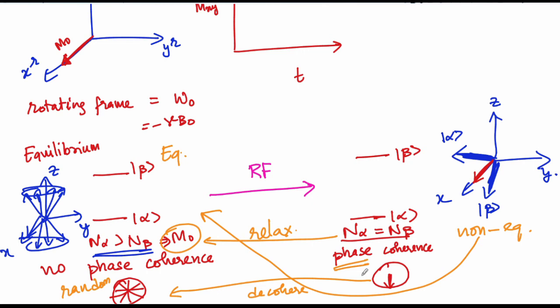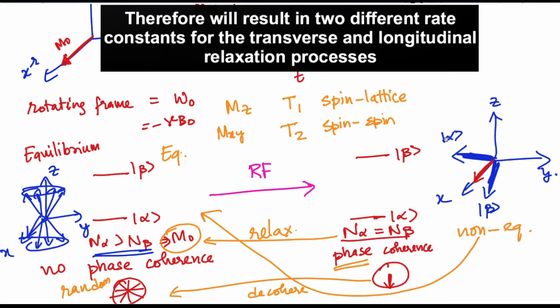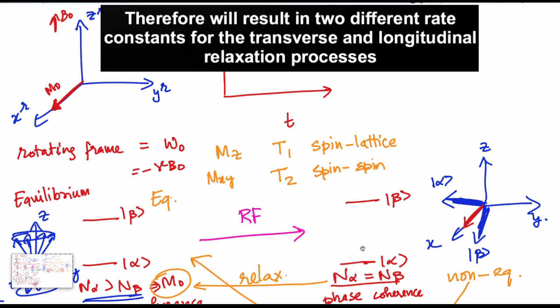So these two are very different processes, and therefore the return of Mz is characterized by a constant called T1 relaxation, which is called spin-lattice relaxation, and the return of Mxy to its equilibrium, which is random phase, is characterized by T2, called spin-spin relaxation. These two are different mechanisms and will result in different time rates for the return to equilibrium.